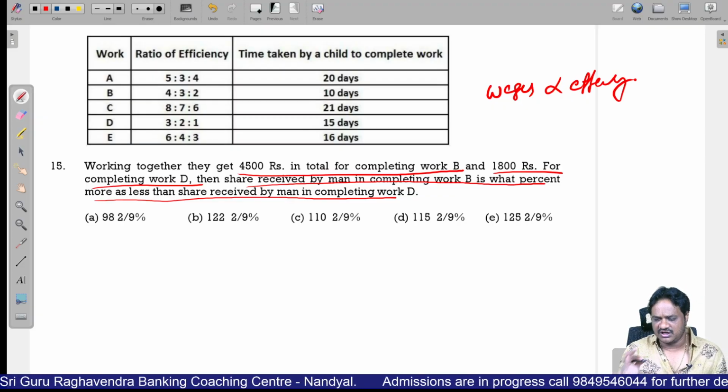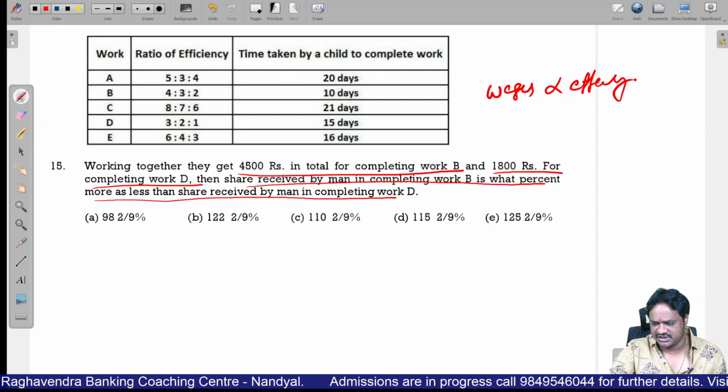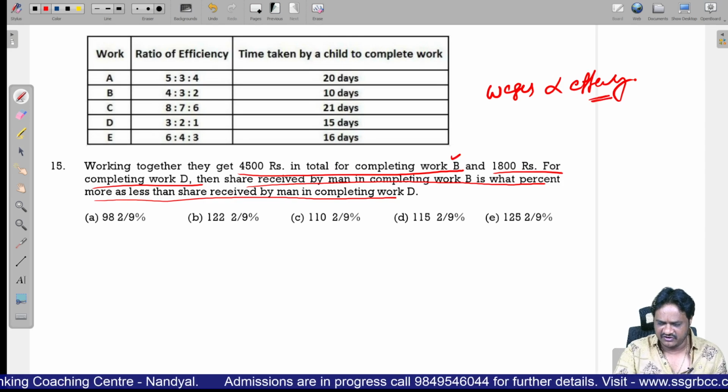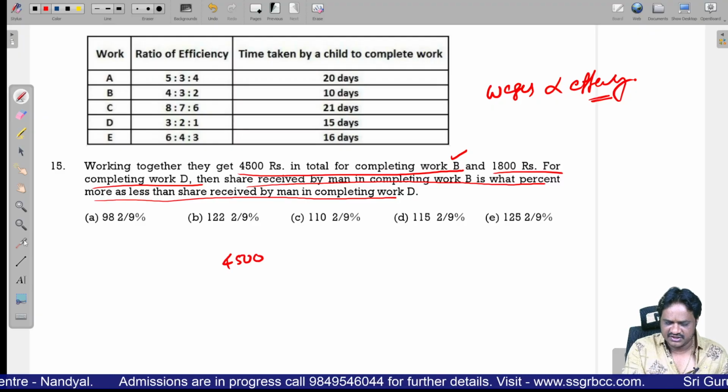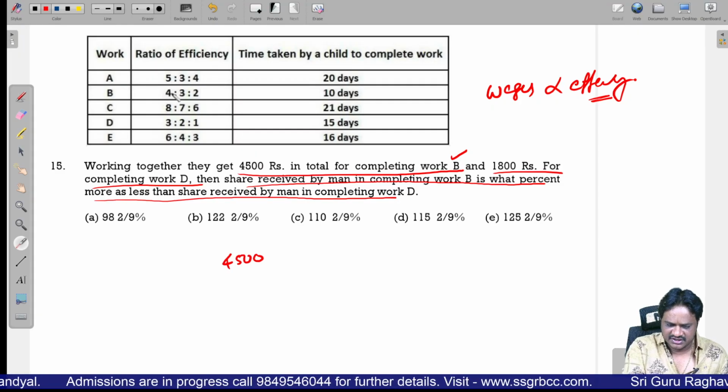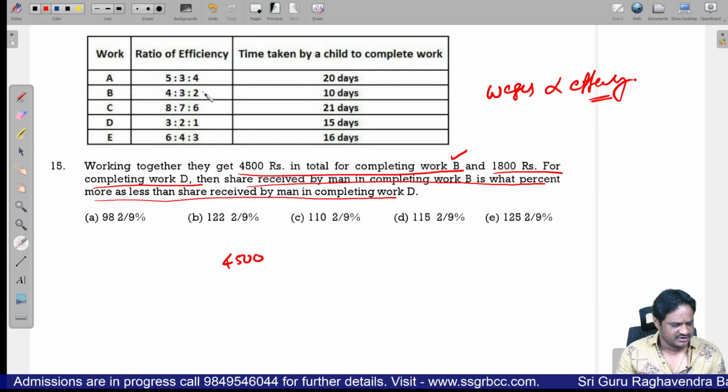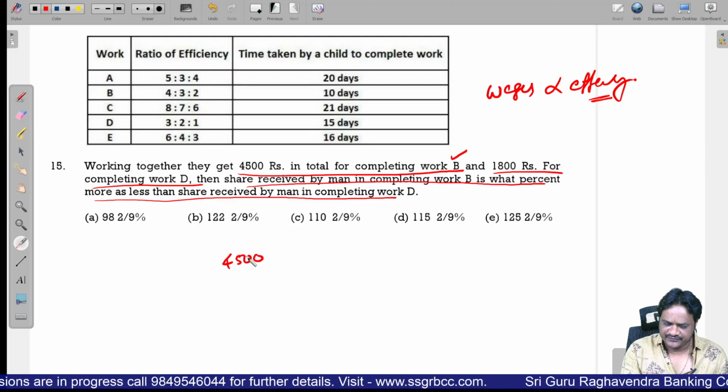So the amount is given not based on the number of working days but based on the efficiency. First of all, for completing work B, we are getting 4,500. This 4,500 is for man, woman and child. Now we want here the share received by man in completing work B.